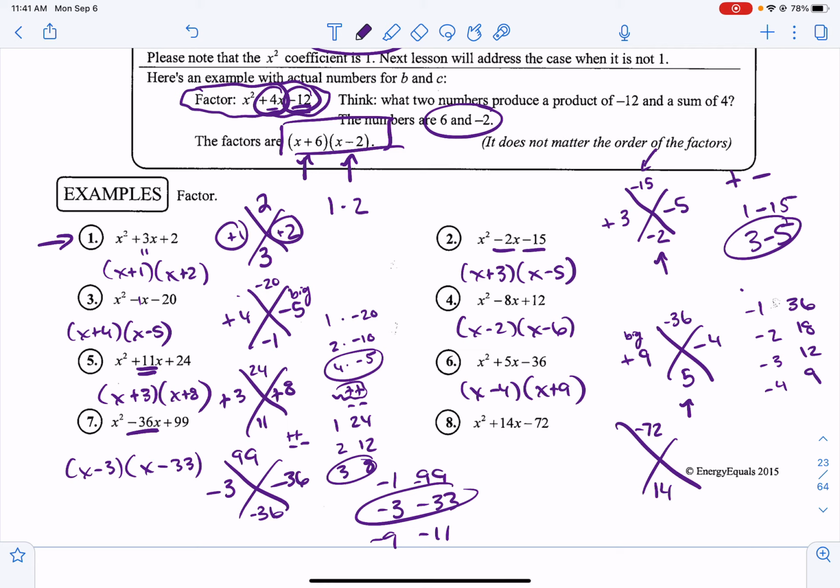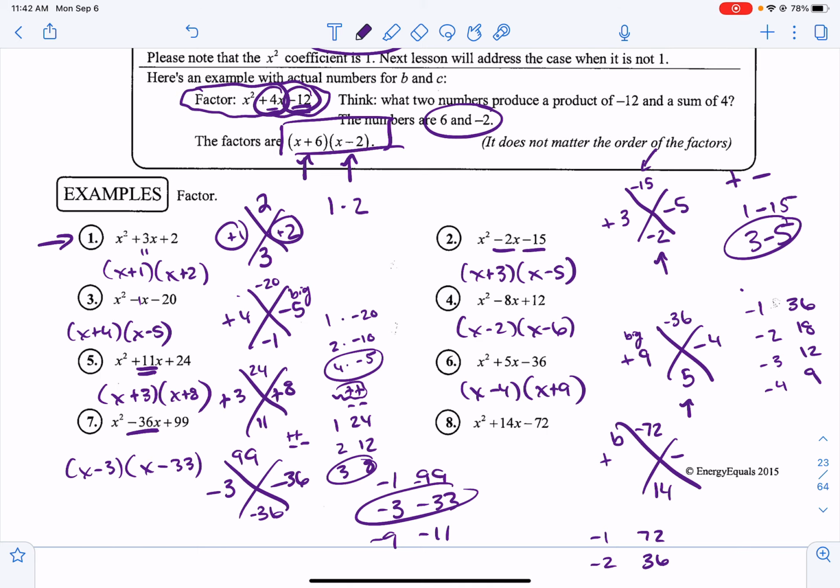So they multiply to a negative. So one is positive, one is negative, but they add up to be a positive. So the bigger number is the positive number. So 72, I've got what? Negative 1 and positive 72. That's not going to work. Negative 2 and positive 36.